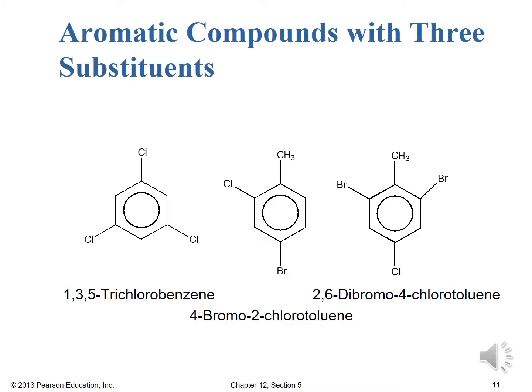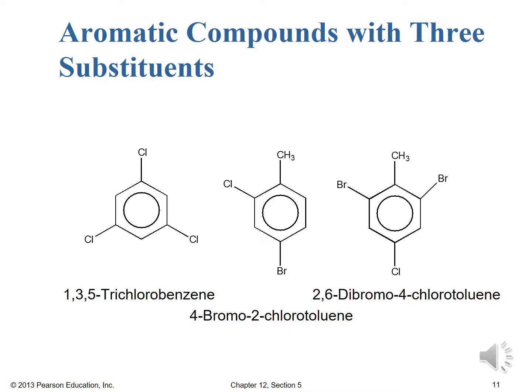Instead of going clockwise and getting that 4 plus 6 to equal 10, we start at the methyl group carbon of the toluene and go counterclockwise to get chloro in the 2 position and bromo in the 4 position. Then according to nomenclature rules, we name in alphabetical order, so that's why it's 4-bromo-2-chlorotoluene.